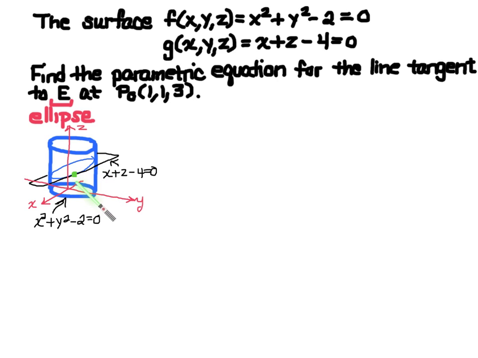So in green here I have the point 1, 1, 3, P naught, and here's the gradient vector of G in purple. I'll color code it here, gradient of G. And now let's change colors. I'll do the next one in green. And then what we have is the gradient of F, which is perpendicular to the cylinder.